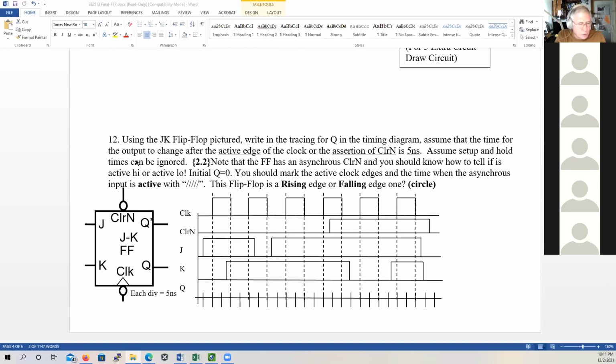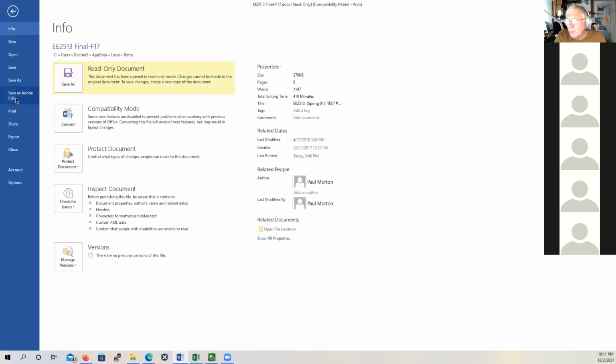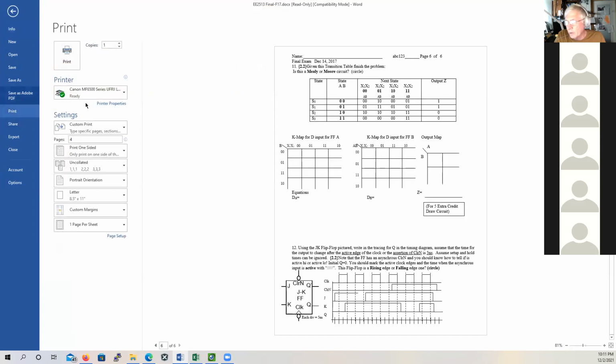So let me print this page out. I don't know why. Maybe this will print correctly here. We'll print, and I think that is page 6. Yeah, it's page 6. Okay, print.